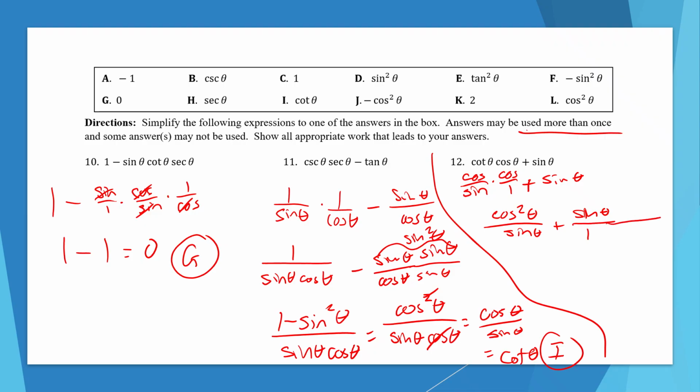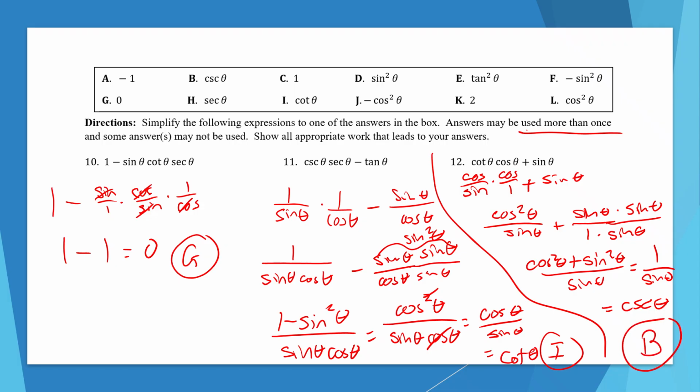Now to get a common denominator, I'm going to multiply by sine theta as well, to get cosine squared theta plus sine squared theta over sine theta. This is just 1 over sine theta, which is going to be cosecant theta, which is option choice B. So B is the correct answer for number 12.